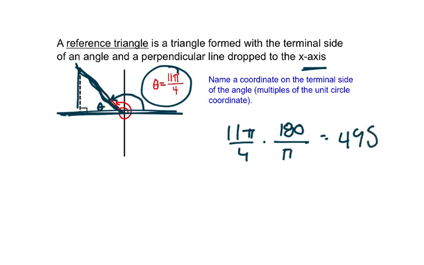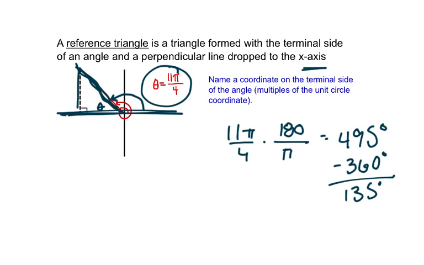Interesting degree because it's 495 degrees, but of course that's not really helping us out. So if we rotate it back on its coterminal idea, it also could be 135 degrees. That's a little bit easier for us to visualize what that means.